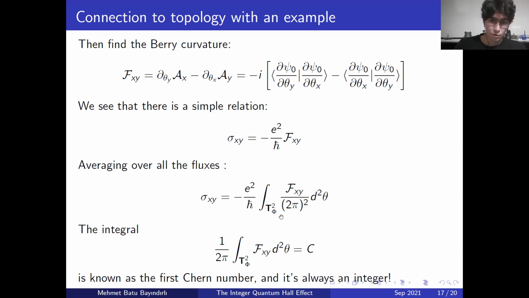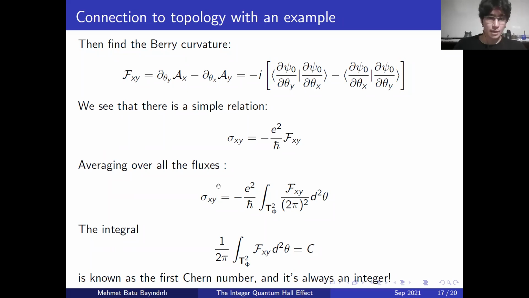This integral is over a torus of parameters, because the thetas are in the range of 0 and 2 pi. But we have previously seen that this part of the integral is actually equal to an integer. And in this case, we name this integer the first Chern number. And it's called the first Chern number because it's over a torus.